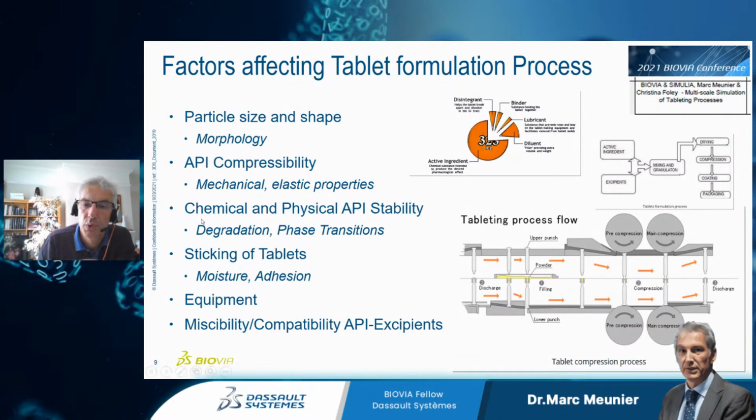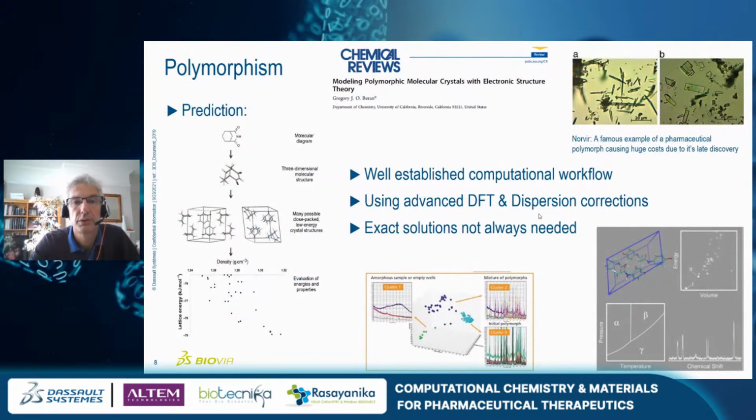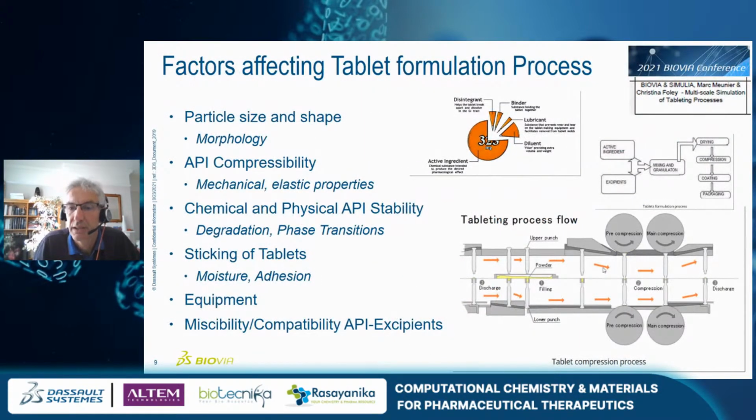So when you mix the drug, the API, with the various excipients, and then you try to reduce particle sizes, so you mill and granulate the product. You dry it, compress it, and then get a tablet.